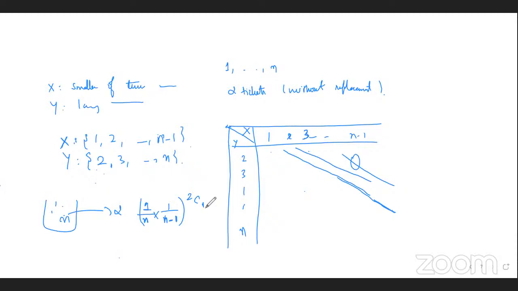So now the calculation should be 1 by n into n minus 1. But we don't know whether the first card that you select is going to be smaller or larger. So there are two possibilities: the first can be larger and the second smaller, or the first can be smaller and the second larger. That is why we have to multiply it by 2 choose 1.